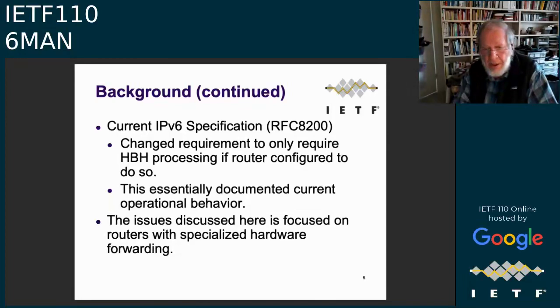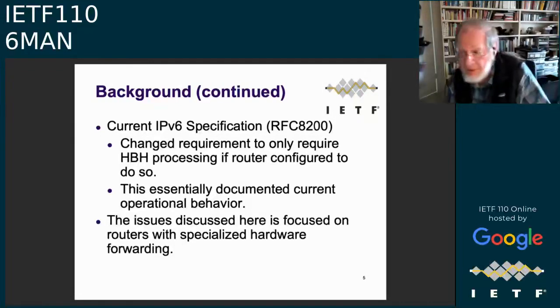I also note, based on discussion, that this is really only talking about routers with specialized hardware forwarding. Software-only routers don't have this issue, but I think the denial of service attack is still an issue even in software. Next slide.